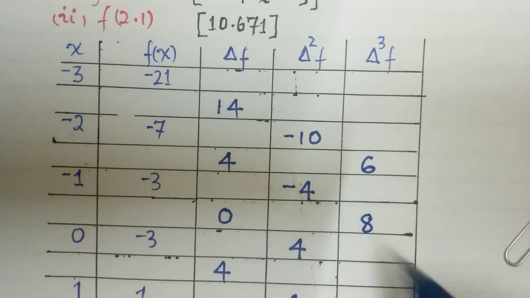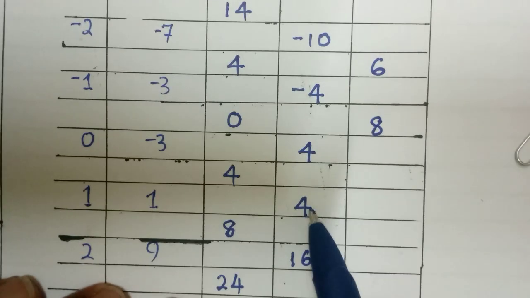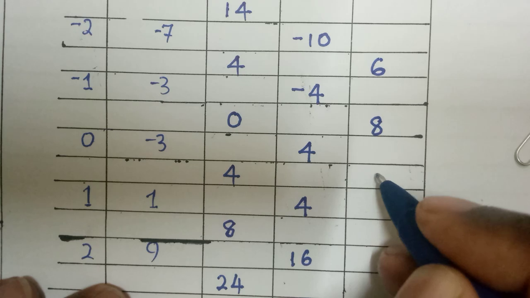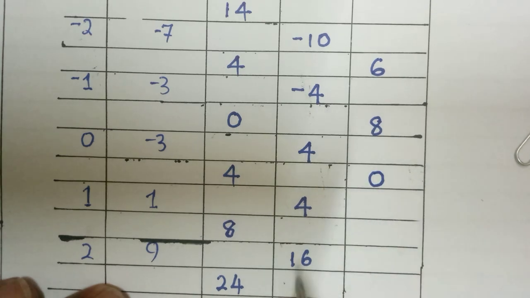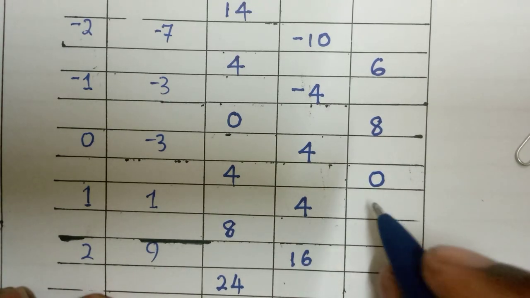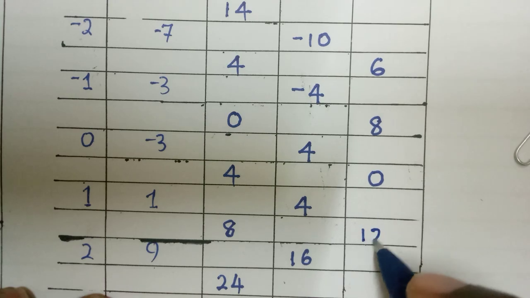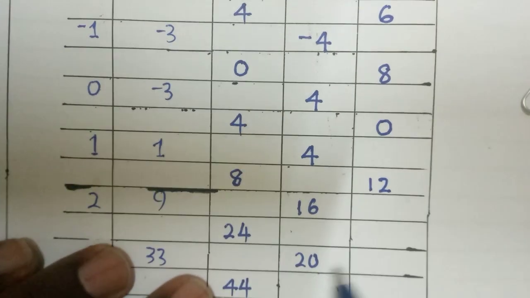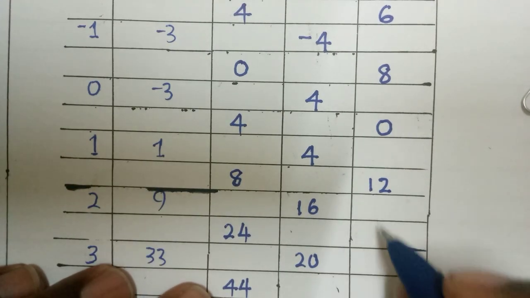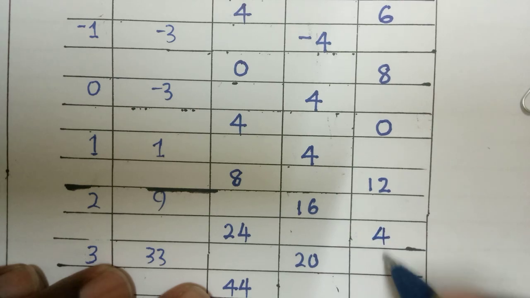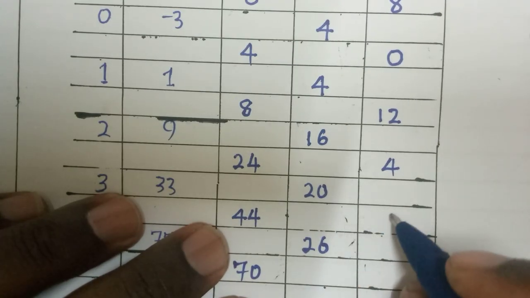Like that. Then we come to this one, guys. 4 minus 4. That is 0. We come to this one. 16 minus 4. That is 12. And then come to this. 20 minus 16. That is 4. And then 26 minus 20. That is 6.